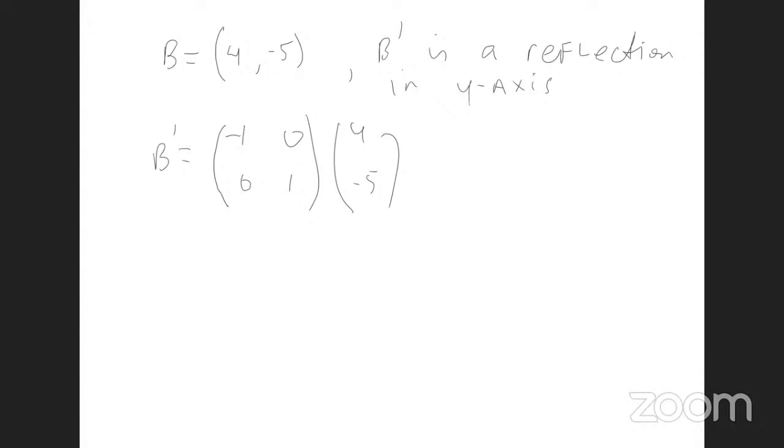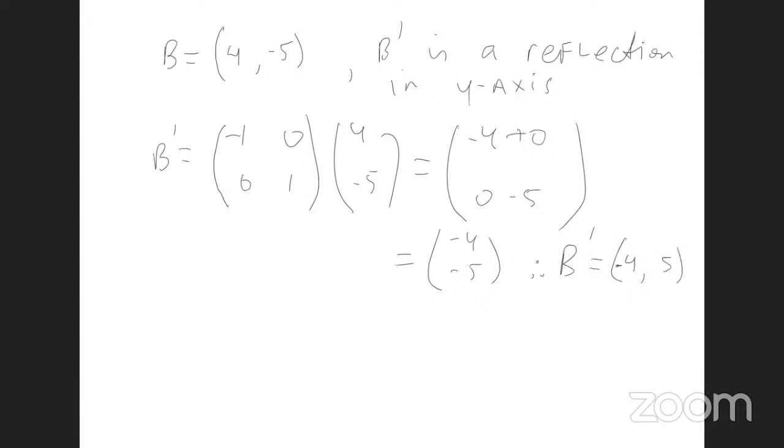When you multiply it, minus 1 by 4 is minus 4, 0 by minus 5 is 0, 0 by 4 is 0, 1 by minus 5 is minus 5. So you end up with the matrix minus 4, minus 5, which gives you the coordinates minus 4, minus 5. So that's the way you use these matrices.